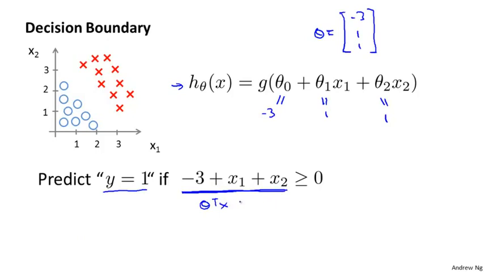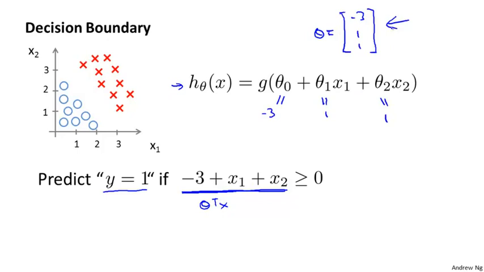And this formula that I just underlined, minus 3 plus x1 plus x2, is of course theta transpose x when theta is equal to this value of the parameters that we just chose.